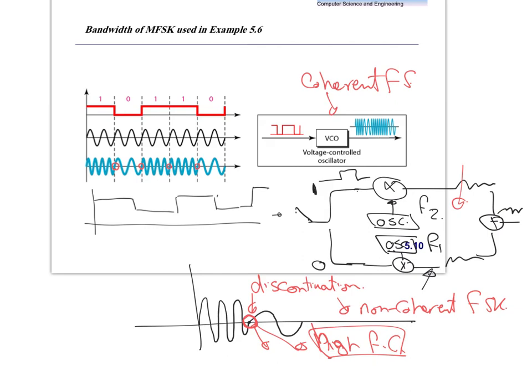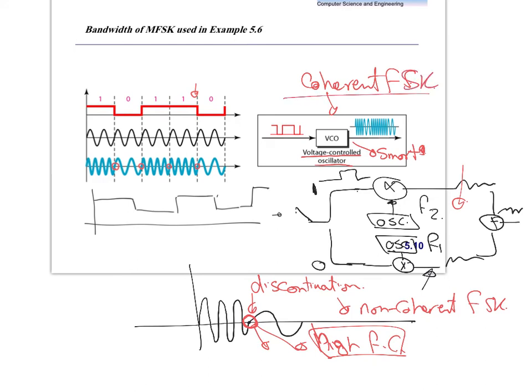For that, we need a smart circuit which uses the concept of a voltage controlled oscillator. Based on the voltage of the signal, I will create a signal with a different frequency such that there is a continuation between the different symbols. And that's what we call coherent FSK.